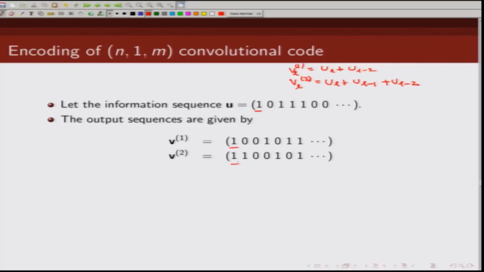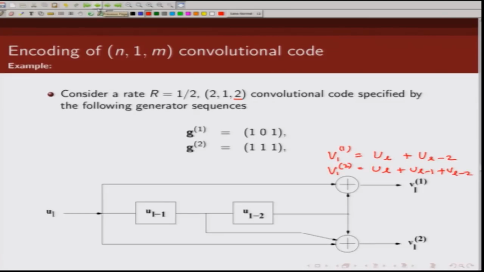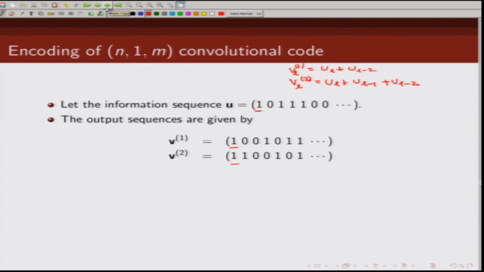Next, what happens? If you go back, this 1 which was here, when you apply a clock, moves here and a new bit comes here. So, in the next time instance, U_{L-1} becomes 1, and since U_{L-1} initially was 0, this 0 will come to U_{L-2}. So, the new contents of the shift register are now 1 and 0: U_{L-1} is 1 and U_{L-2} is 0.